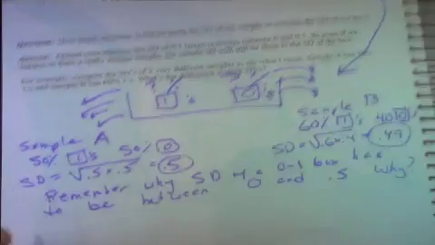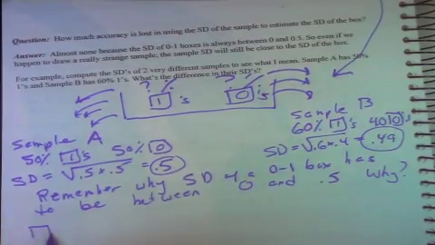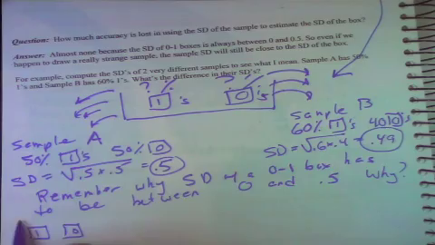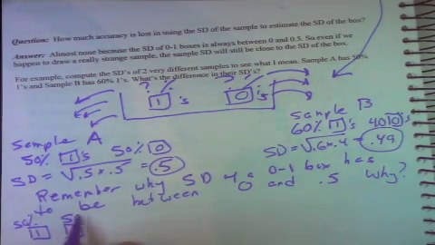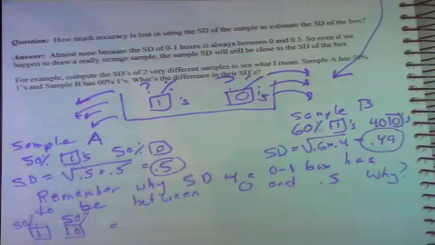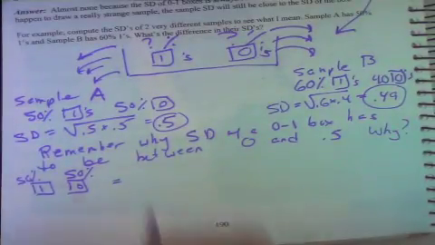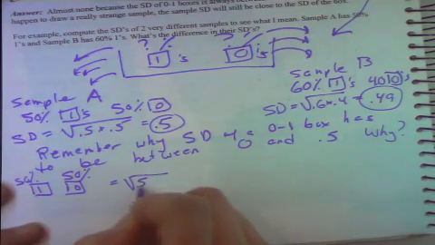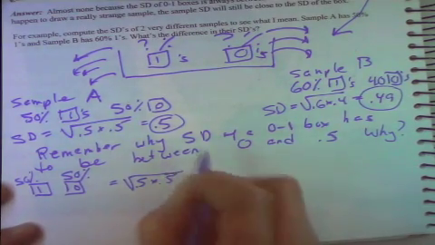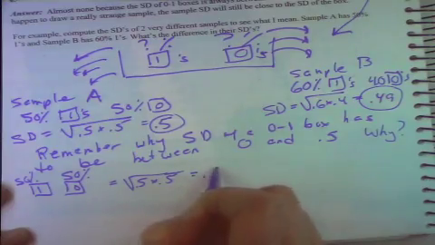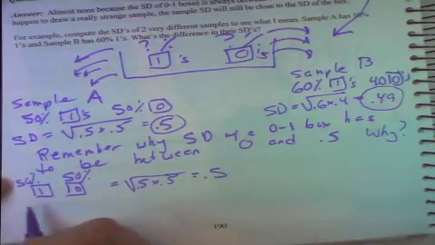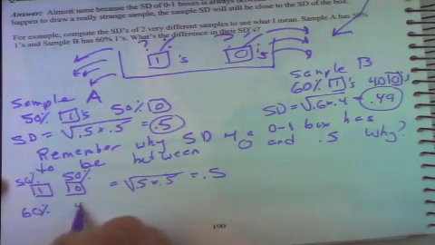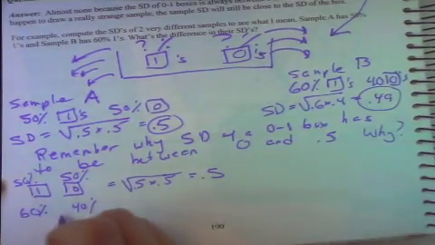If you have a 1 and a 0, and you have 50% ones and 50% zeros, this is the biggest it can ever be, because here you get the square root of 0.5 times 0.5, which is the square root of 0.25, which is 0.5.